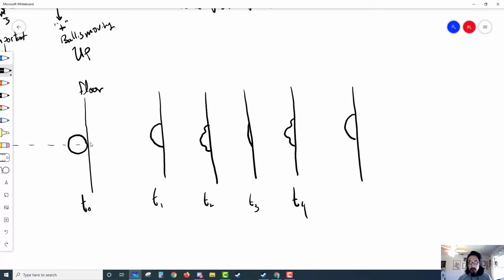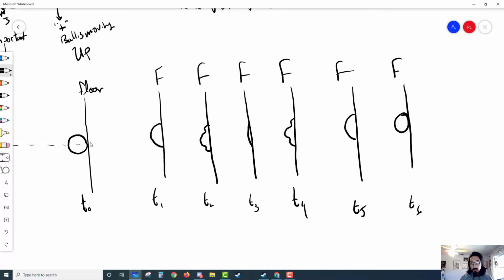This is t5, and then up until right here where the ball reforms itself like that. This is t6, right? So during this entire process, the ball is feeling a force. So here there's a force, right up until it leaves the wall, there's a force being exerted.